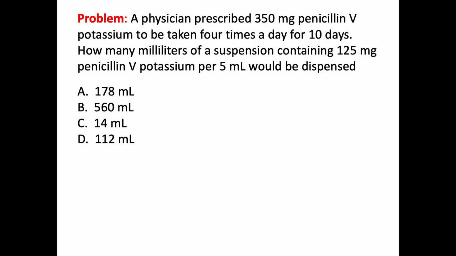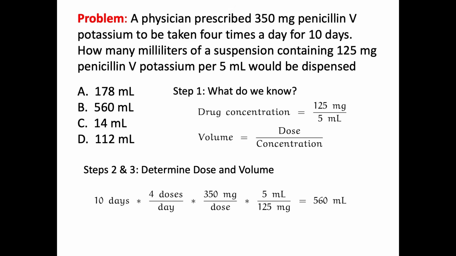All right, so what do we know? An easy thing to see is that we know the drug concentration. We know the concentration is 125 milligrams per 5 mLs. I also know what I'm looking for at the end. I want a volume. I want how many milliliters. And I know that the volume is equal to the dose divided by the concentration.